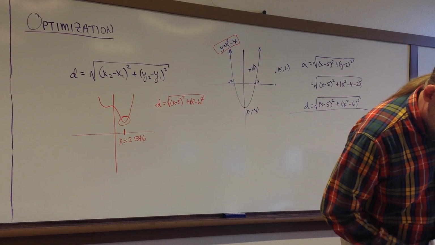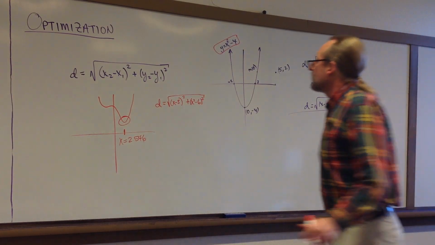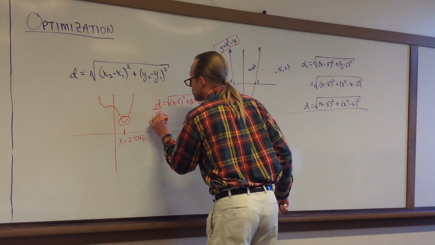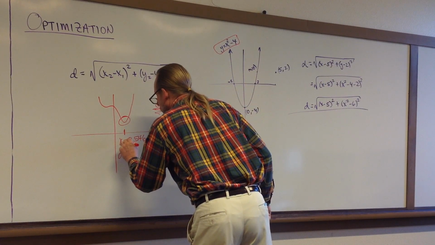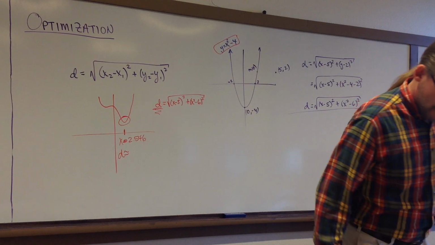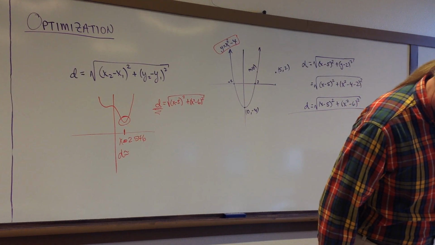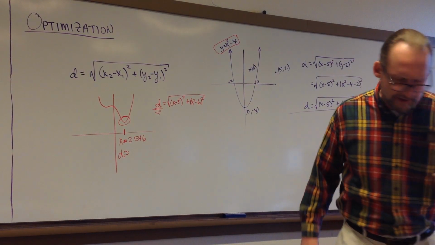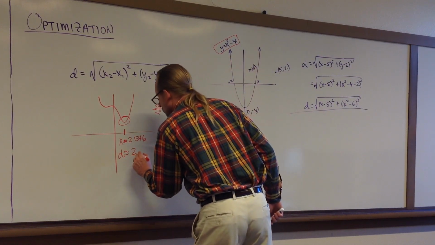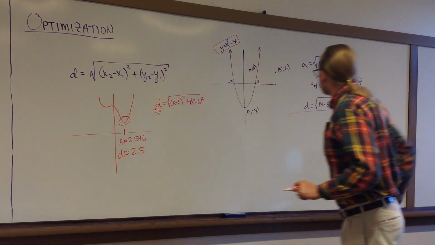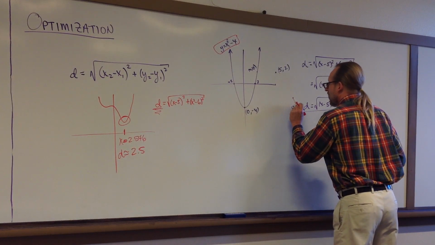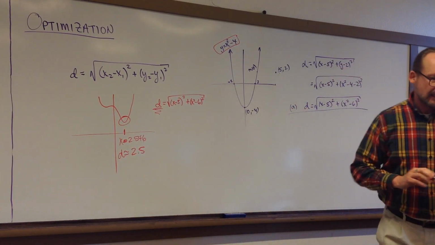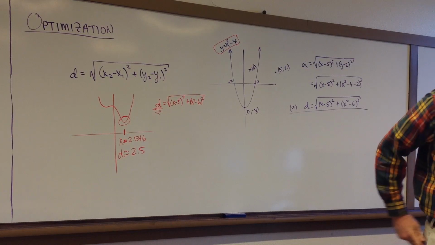And the y value on this, which remember is a distance, so the d here, and these are approximate values, they're irrational. Although this one may be exact, it's hard to tell. But anyway, 2.5 is a good approximation for that distance. So here's the first part of the answer, the distance as a function of x.